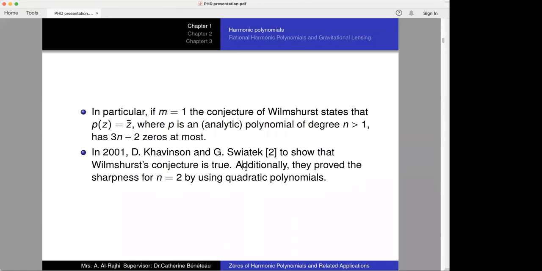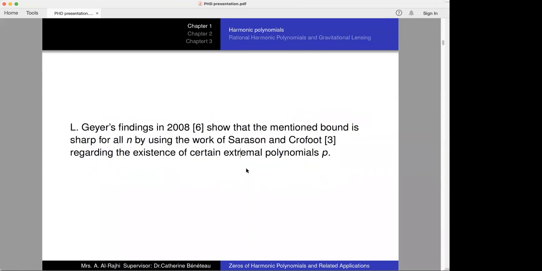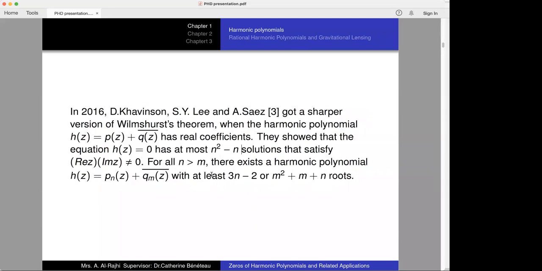For the particular case where m is 1, in 2001, Cham and Schwarz proved this conjecture is true. Additionally, they proved it's sharp for a particular n. Until 2008, Gary proved the sharpness for every n by using the work of Sarson and Croft.